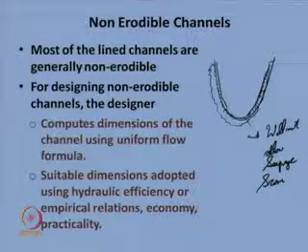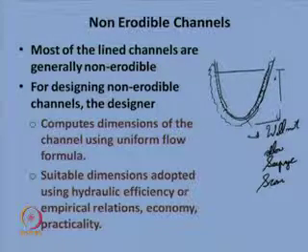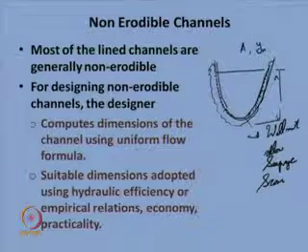For designing non-erodible channels, what does the designer do? A designer first has to compute the dimensions of the channel using the uniform flow formula. Once he has computed the dimensions, he gets the area of the flow, and subsequently he suggests the depth of flow.